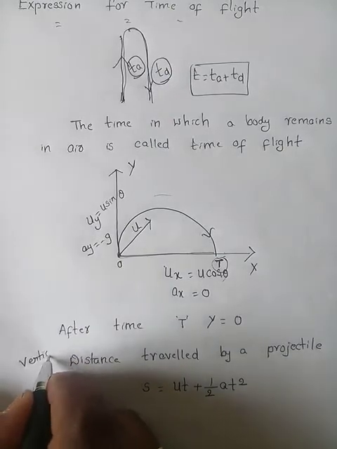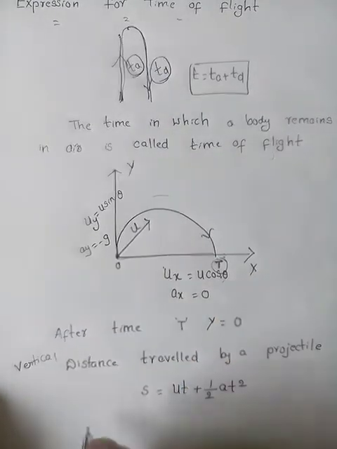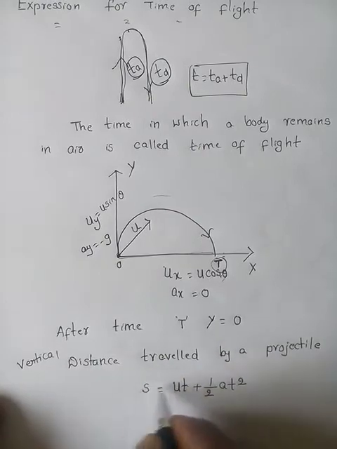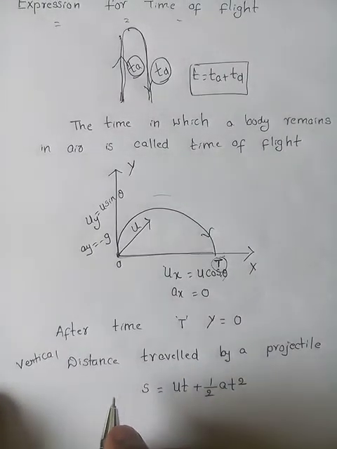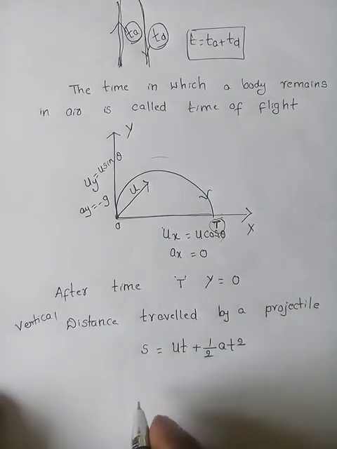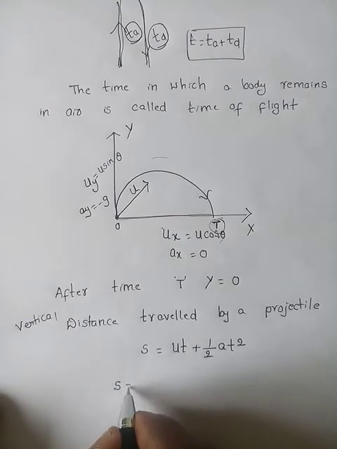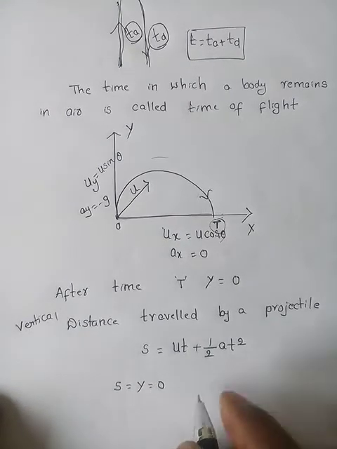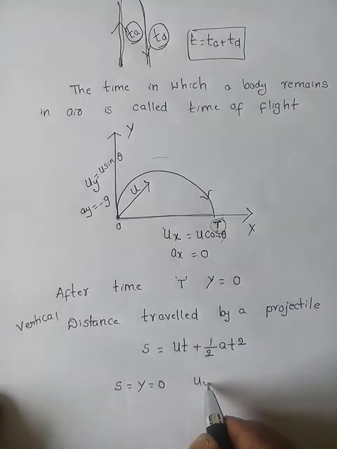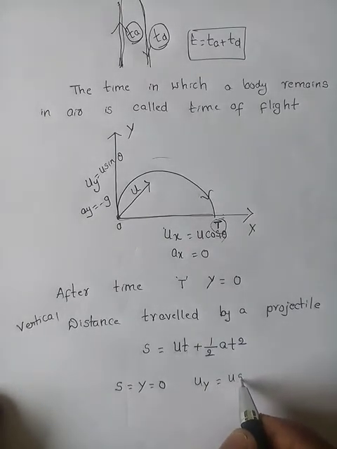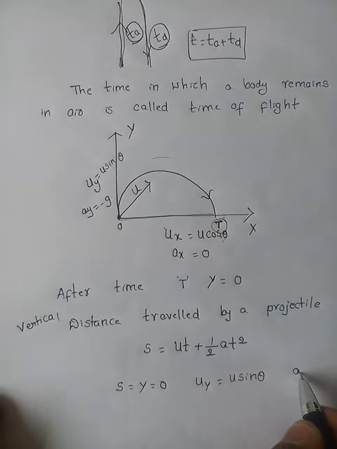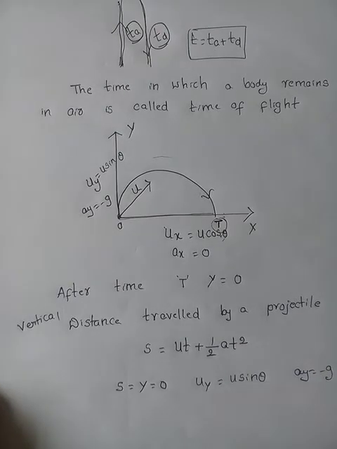Vertical distance, because the vertical displacement is what? 0. I can write S as y, that is equal to 0. u is equal to uy, that is u sin theta. ay is equal to minus g.